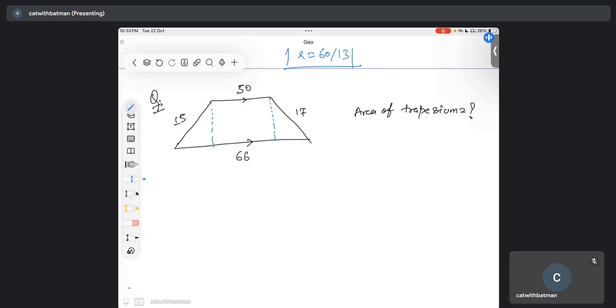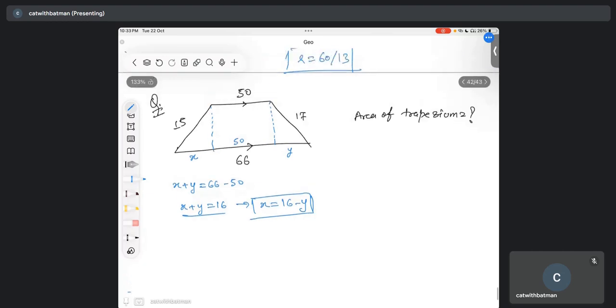Let's assume this is X, this is Y, and this would be 50. So remaining X plus Y will be 66 minus 50. So X plus Y will be 16, or you can say X is 16 minus Y.